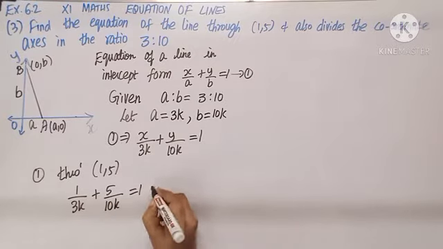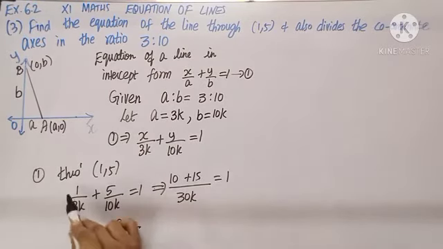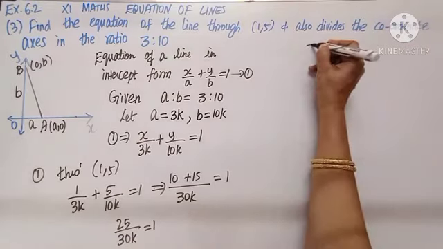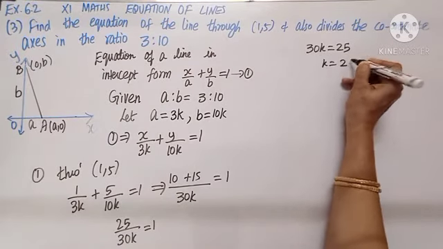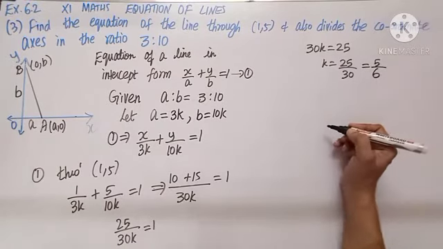As I substitute and take the LCM, it is 30k: 10 plus 15 by 30k equals 1, or 25 by 30k equals 1. Cross multiplying, we get 30k equals 25, or k is 25 by 30, that is 5 by 6.